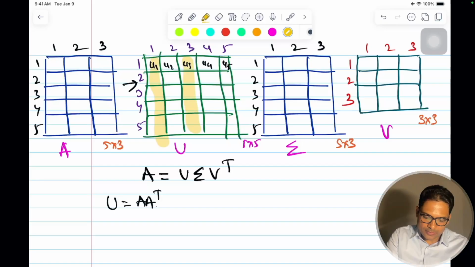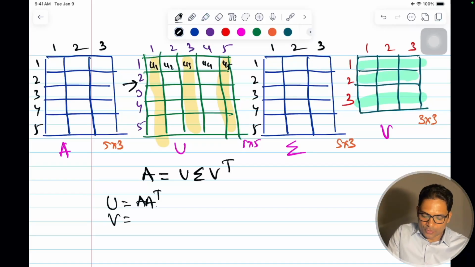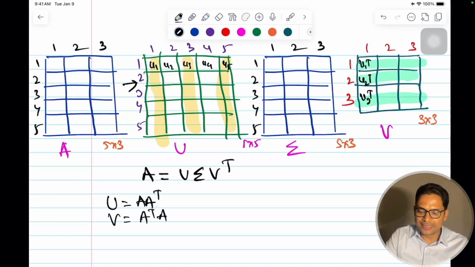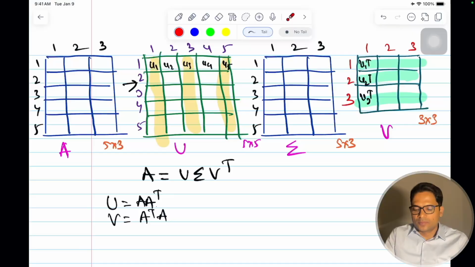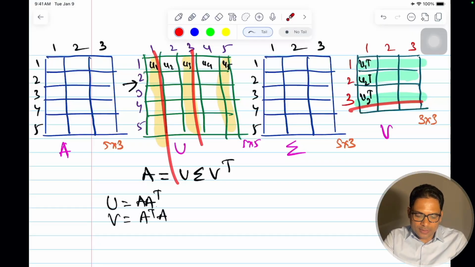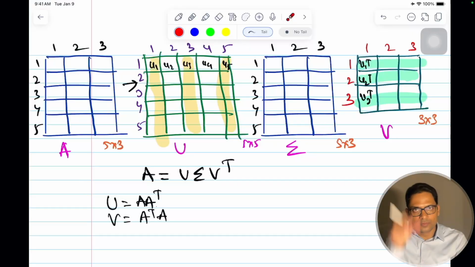Similarly for the V matrix, it will be A transpose A, but this is V transpose, so this will be V1 transpose, V2 transpose, V3 transpose. The column vectors will be converted to rows, because by default vectors are represented as columns.